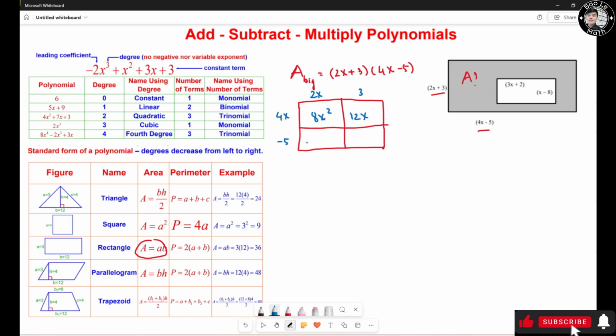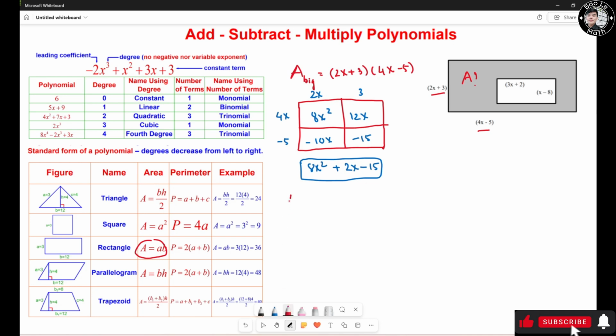Negative 5 times 2s is going to be negative 10s. Negative 5 times 3 is going to be negative 15, right? And then you just add these up. It's going to be 8s squared, negative 10s plus 12s is going to be plus 2s, and then minus 15. Alright, this is the answer for the area of the bigger rectangle.